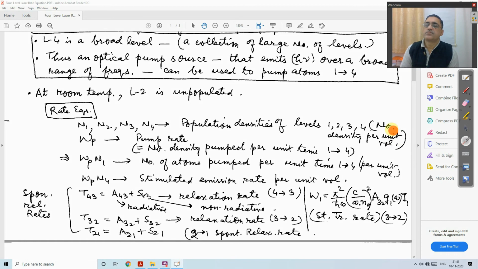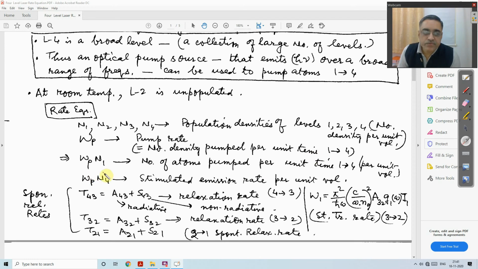We can call them number density. WP is the pump rate for lifting the atoms. Number density pumped per unit time, which is the pump rate, of course.